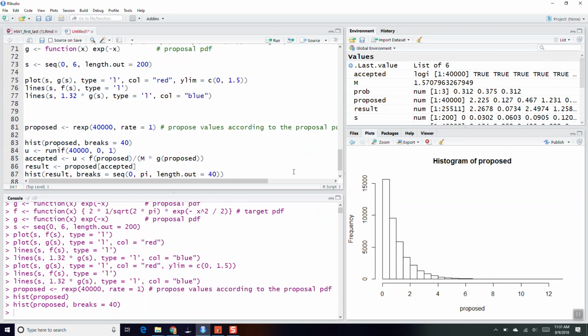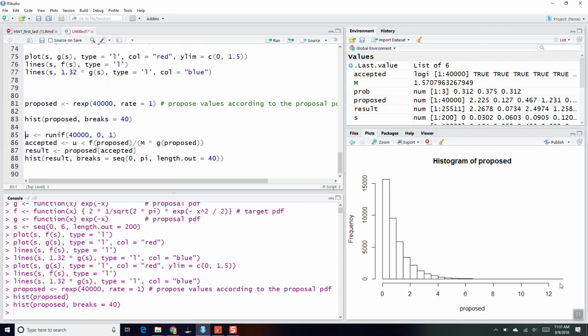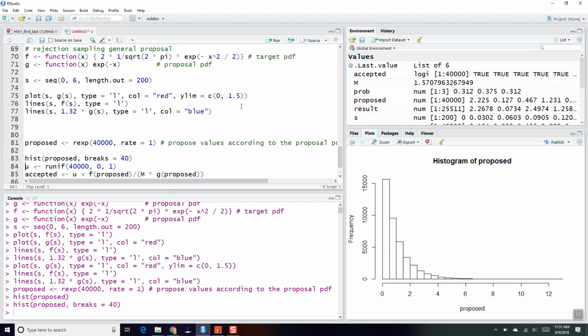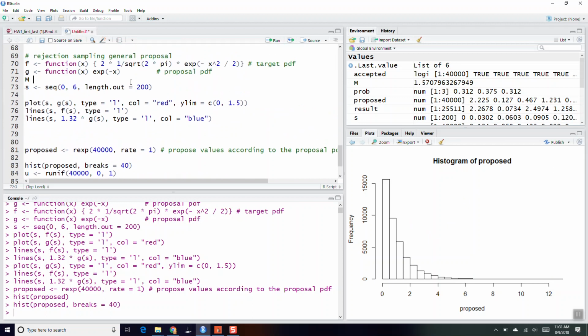Okay, so when I propose a whole bunch of these values, I get something that looks like this, and so we'll let m equal 1.32.